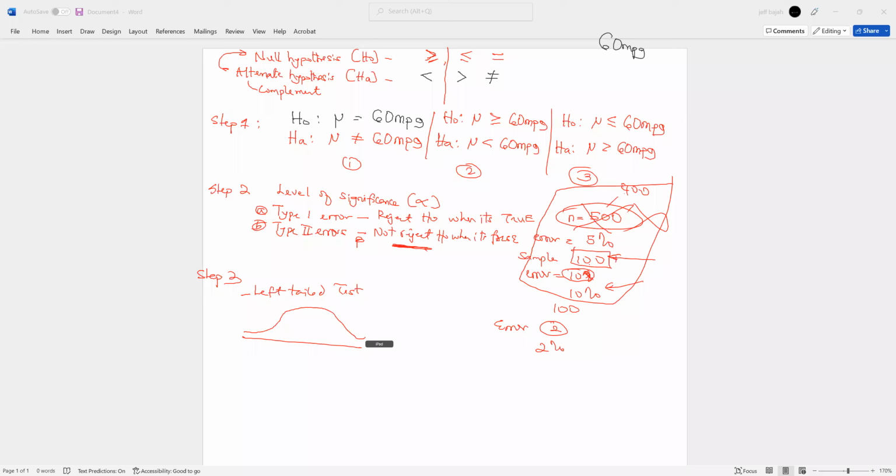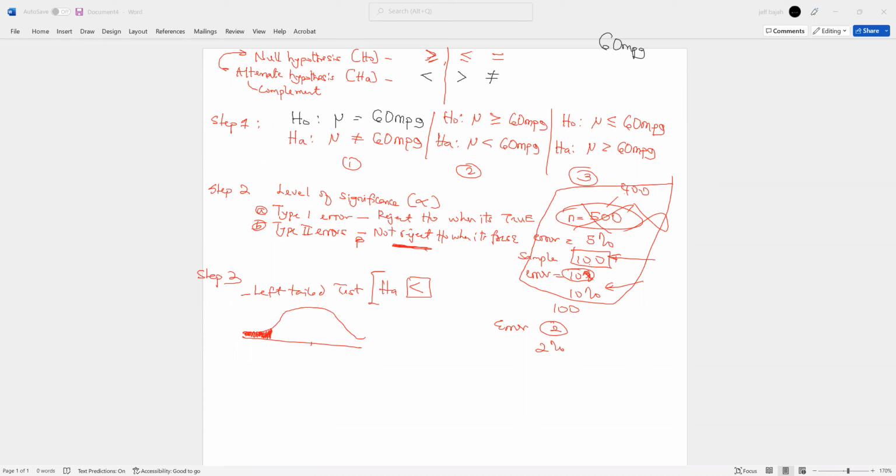So you can see here is left tail. If you remember when we did the distribution, in a scenario where you shade to the left, it's a left tail test, and usually you do that when it's for less than. So when HA has the less than sign, it's a left tail test.